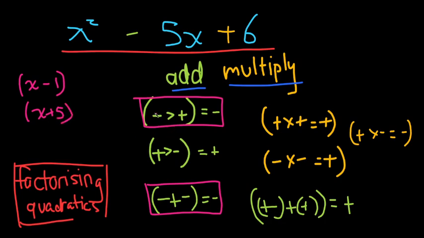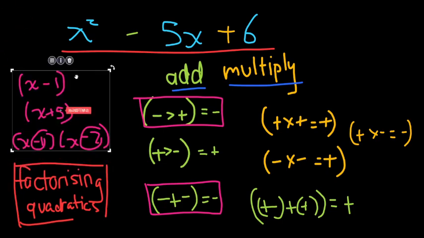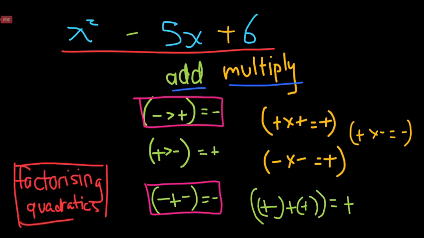This will help you by identifying the first two signs in the quadratic equation, on whether they will be both negatives, such as x minus 1 and x minus 2, negative 1 and negative 2, or whether it will be a negative and a positive, maybe x minus 1, which is a negative, and then x plus 5.